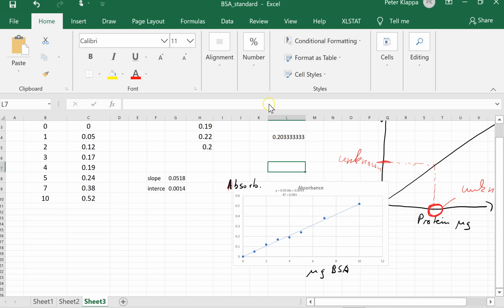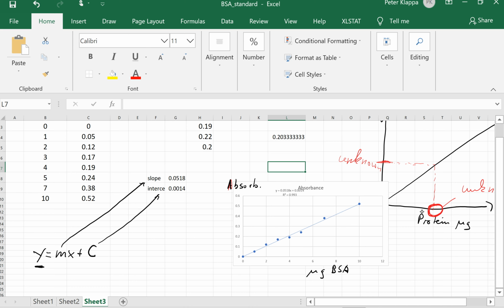We know that the equation for our standard curve can be expressed as y equals mx plus c. So we have our slope, we have our intercept, and we also have our y, that's the average that we just calculated.